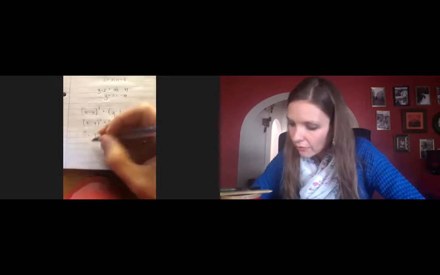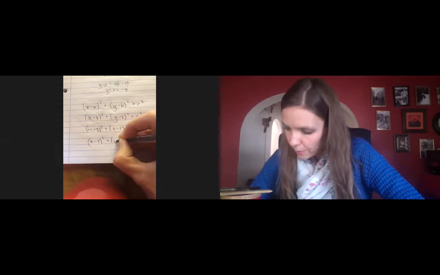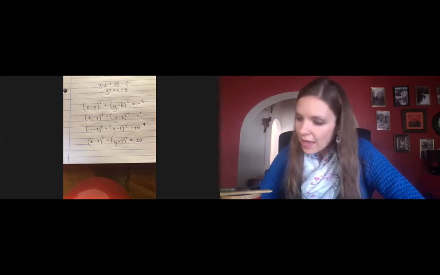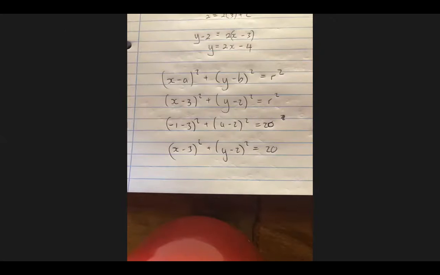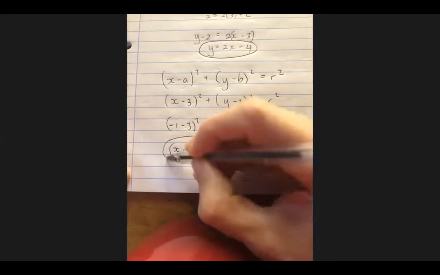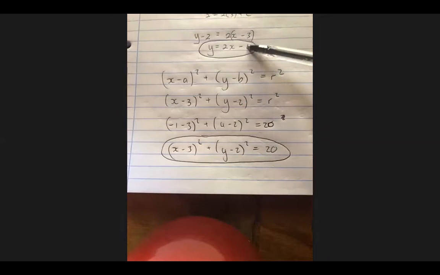So if you have the circle's equation, this is now the proper circle's equation, and you have the tangent, I can even see the tangent still, and you have the circle, you basically want to know where they satisfy each other, so where they intersect.